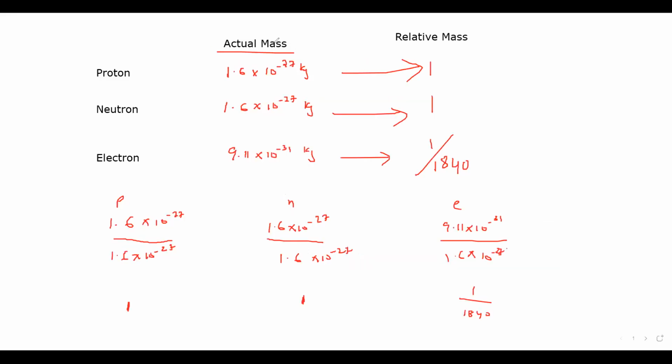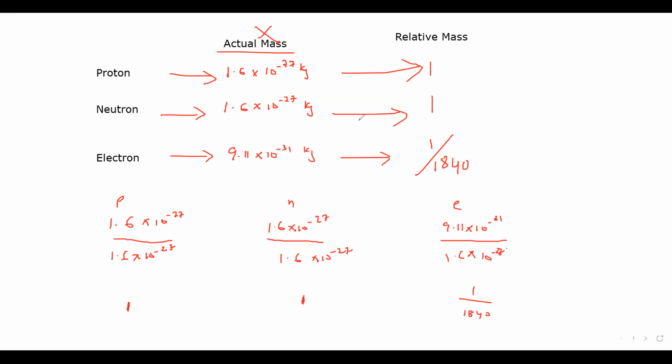Even the actual mass, you don't have to memorize. For explanation, I use these numbers as the actual mass. Mass of proton is 1.6 into 10 to the power minus 27. Mass of neutron is 1.6 into 10 to the power minus 27. And mass of electron is 9.11 into 10 to the power minus 31.